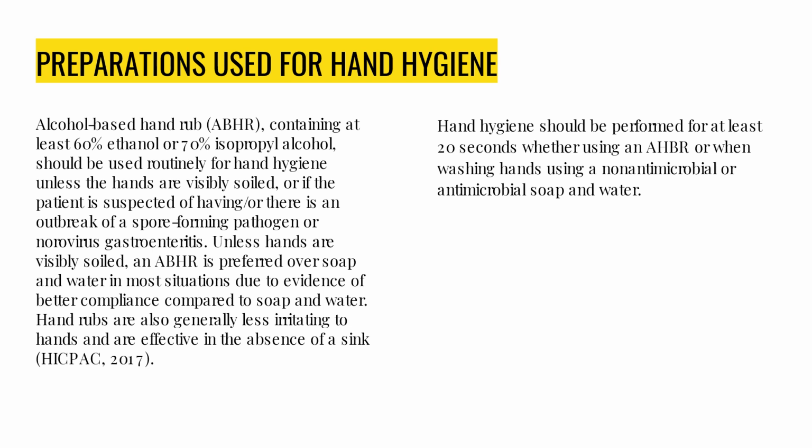Preparation used for hand hygiene. You guys know this. Alcohol-based hand rub, and it should contain at least 60% ethanol or 70% isopropyl alcohol. And again, we can use that routinely for hand hygiene, unless your hands are visibly soiled, and then it's soap and water.